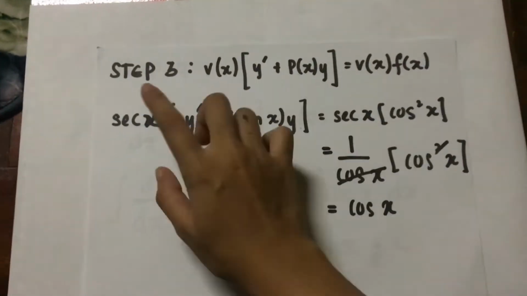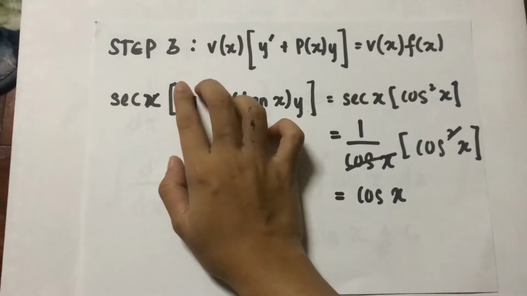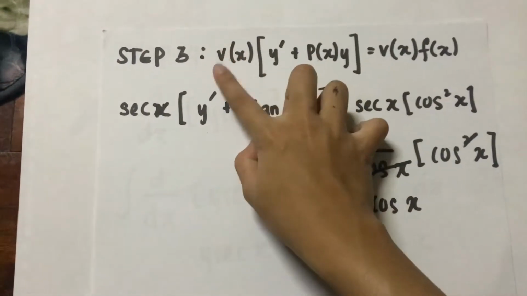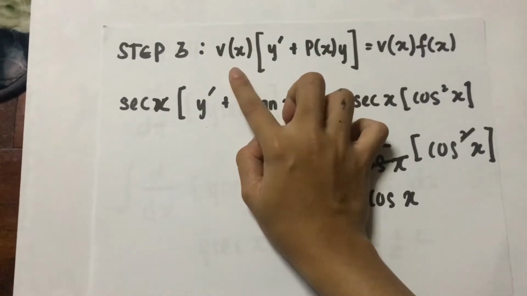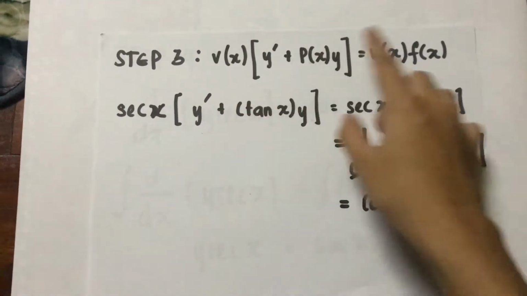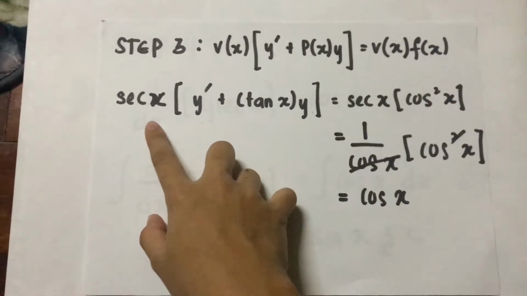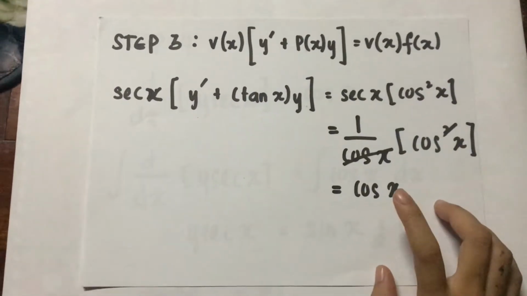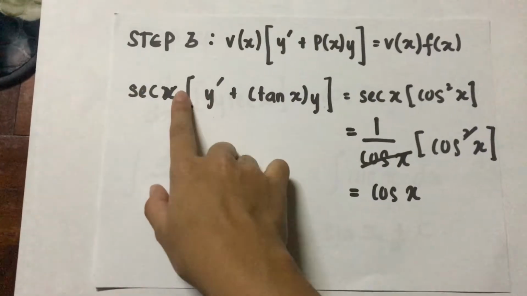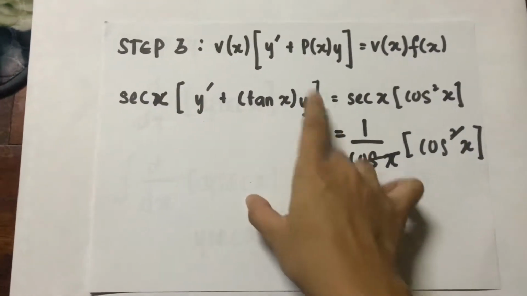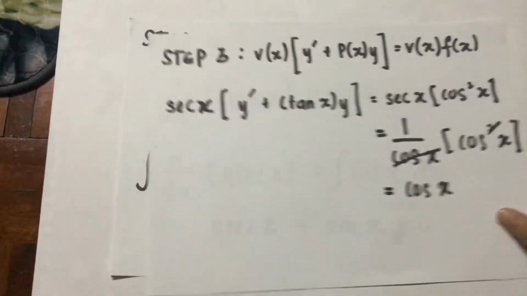So next is step 3, which is we're going to multiply Vx, the integrating factor, with both sides of the equation. After we multiply it, we have found sec x y prime plus tangent of xy equals cos x.